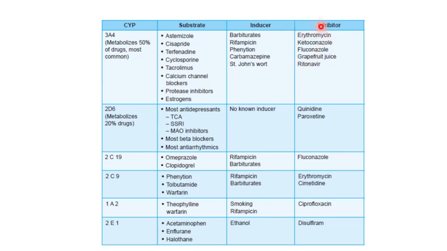When these drugs are co-administered with one of the substrates, the plasma concentration of the substrate might be higher than expected, or sometimes might exceed the minimum toxic concentration, and therefore might cause toxicity or adverse effects due to this drug interaction. For other enzymes, the lists of inducers and inhibitors are small compared with the inducers and inhibitors that affect the 3A4 enzyme.